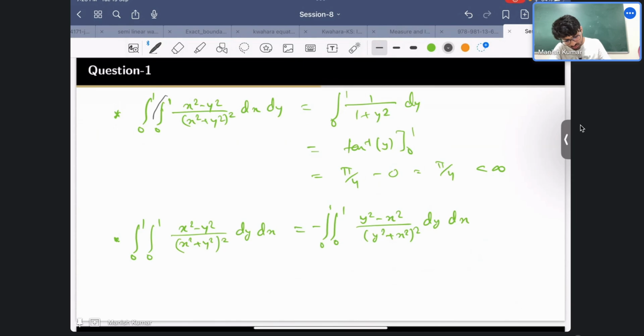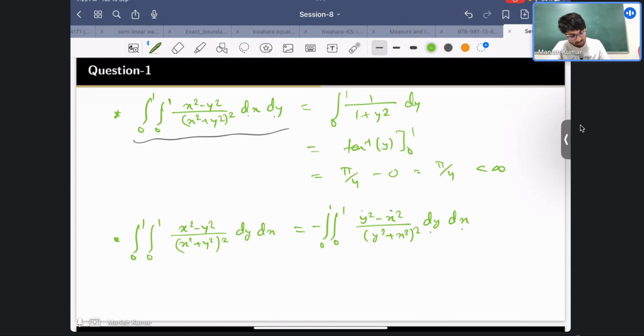Now you compare the whole quantity. Here you have x square minus y square with dx dy. In the same way, y square minus x square with dy dx. The denominator is same. It doesn't create any problem.